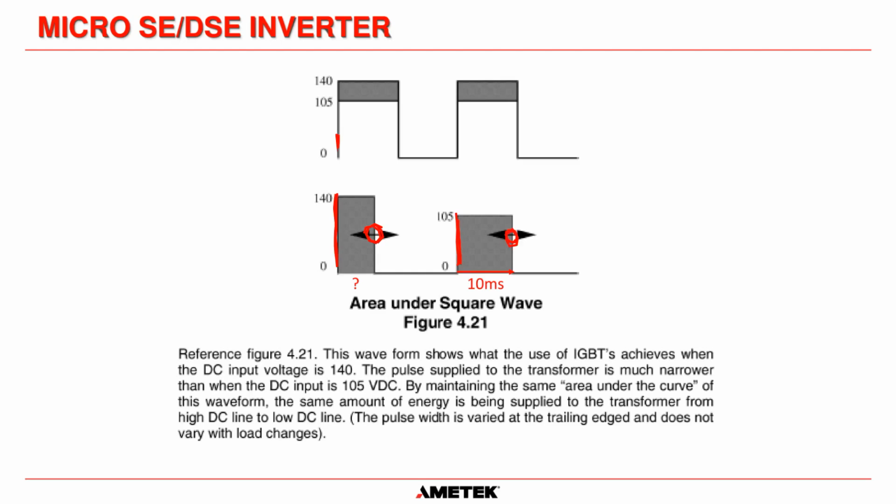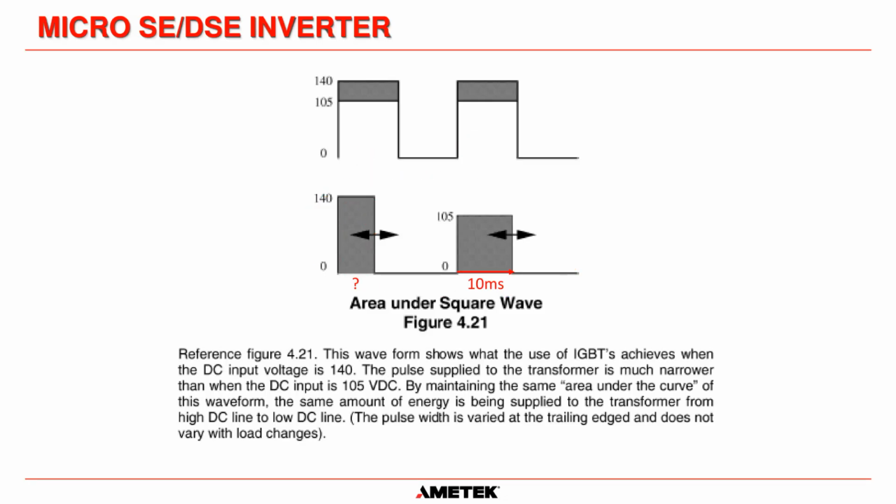What you can see is on the top waveform, we're not adjusting it and the area under the curve stays the same. But on this bottom one, at 140 volts peak, which is the equalized voltage for one of our 60-cell lead-acid battery systems, we turn the IGBTs off quicker than when there's less voltage, and the area under the curve becomes the same as that.